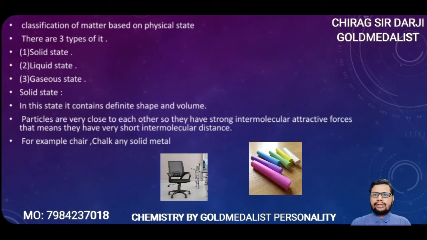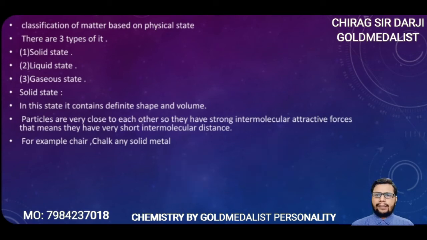In another way, we can say particles have strong intermolecular attractive forces. If attractive forces are high, what happens? They have very little intermolecular distance between them. For example, we can take any solid metal, chalk, pen and any solid material.